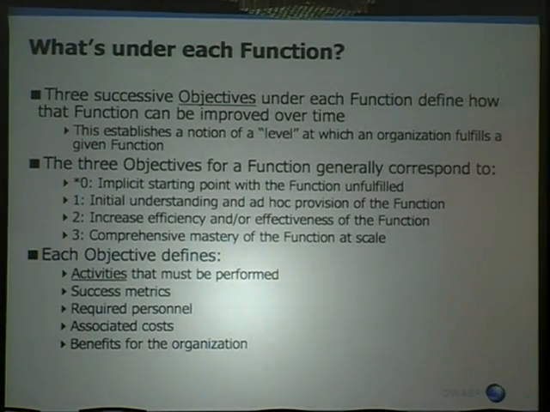There's an implicit 0, and then level 1 means it's ad hoc and being done a little bit. We've designed the level 1s across all 12 functions to be something you could do at a grassroots level within an organization. So without top management buy-in and a huge wave of change and activity, people on the ground in a given dev team could accomplish level 1 in pretty much all 12 of those areas.